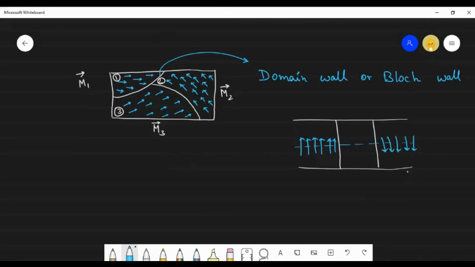There is not an abrupt change from this domain to the other. The change in the direction of the dipole happens gradually within the domain wall.